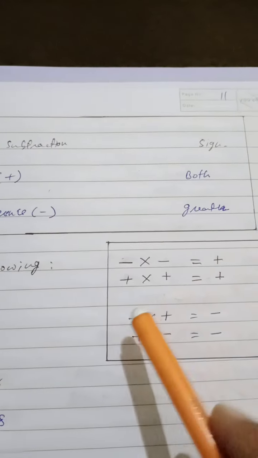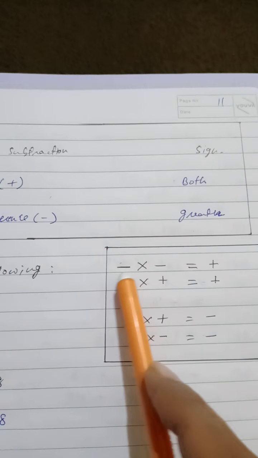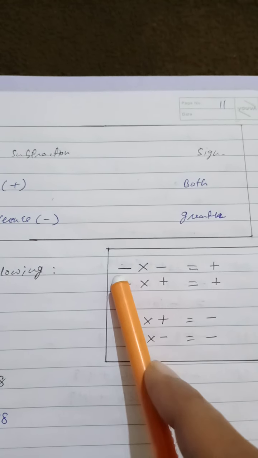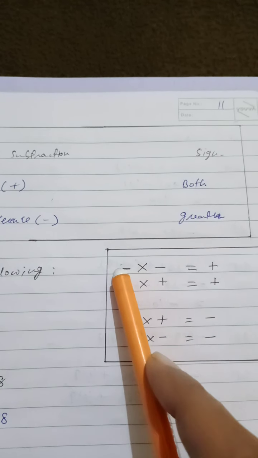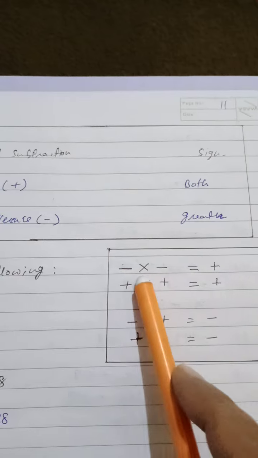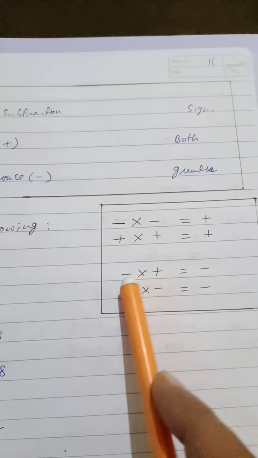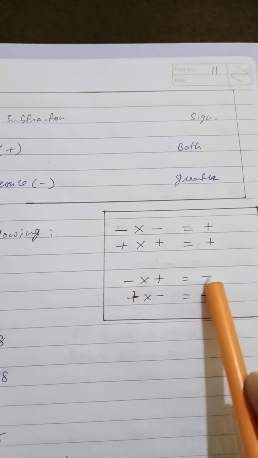Similarly, if there are two signs together, we will use the bracket, and if two signs are combined, if minus and minus are there, one minus outside the bracket and one minus inside the bracket, then same sign sum, either they are plus or minus. And if different signs are there and we have to combine the signs, then the sign of difference will be there.